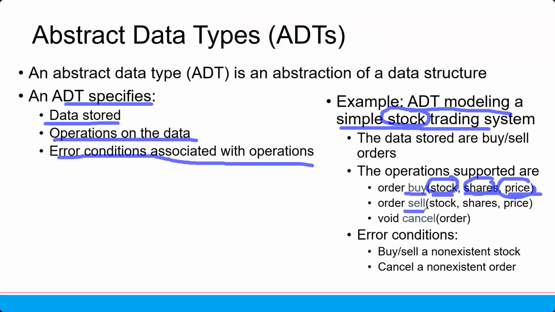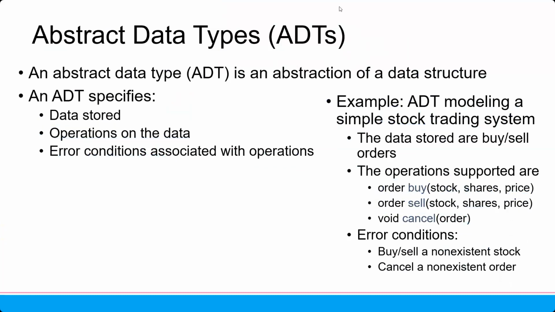If I want to sell the stock, I also have three parameters: stock, share, and price. Or let's say I already bought or sold, but I want to cancel the order. The order is an object. So if you already know how to create these objects and methods, then you can have the abstract data type.